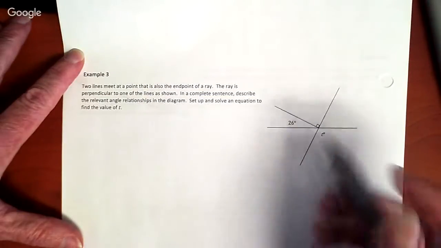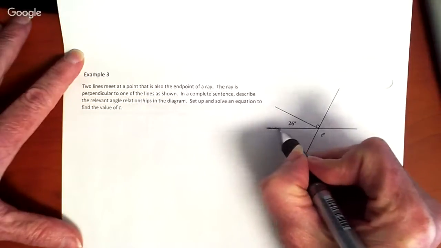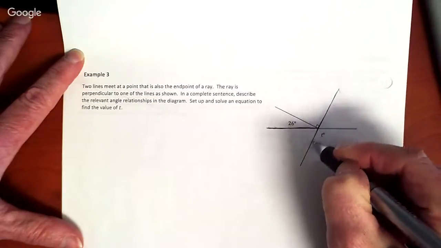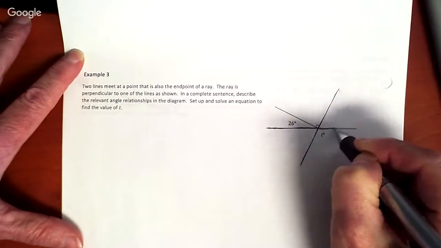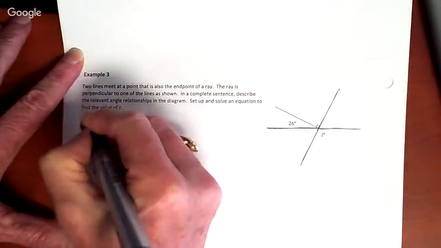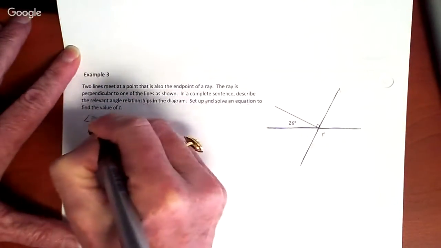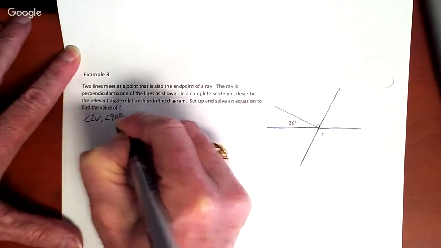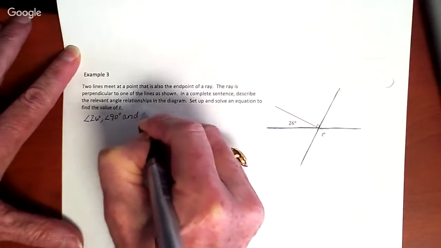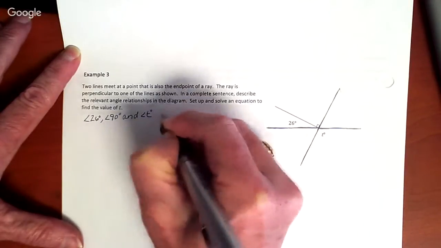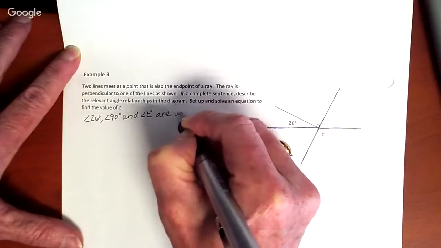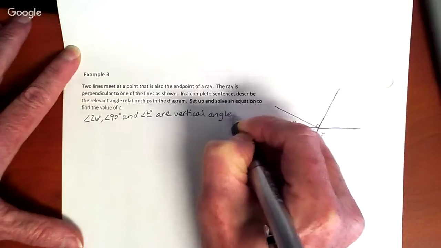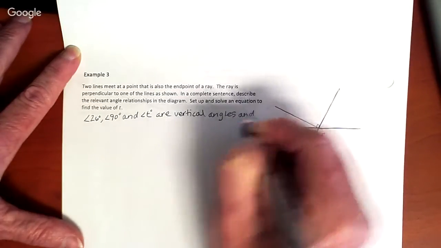Here we have vertical angles here and here. So angle 26 degrees, angle 90 degrees, and angle T degrees are vertical angles and equal each other.